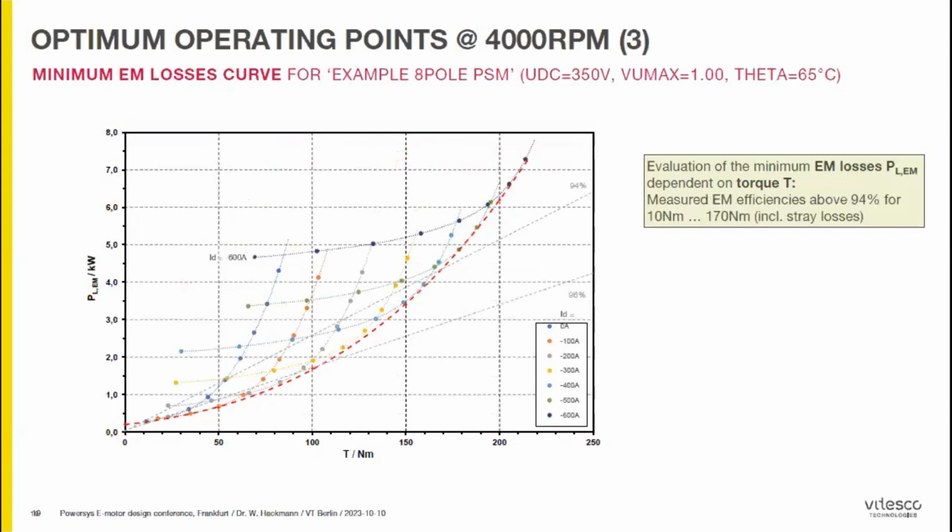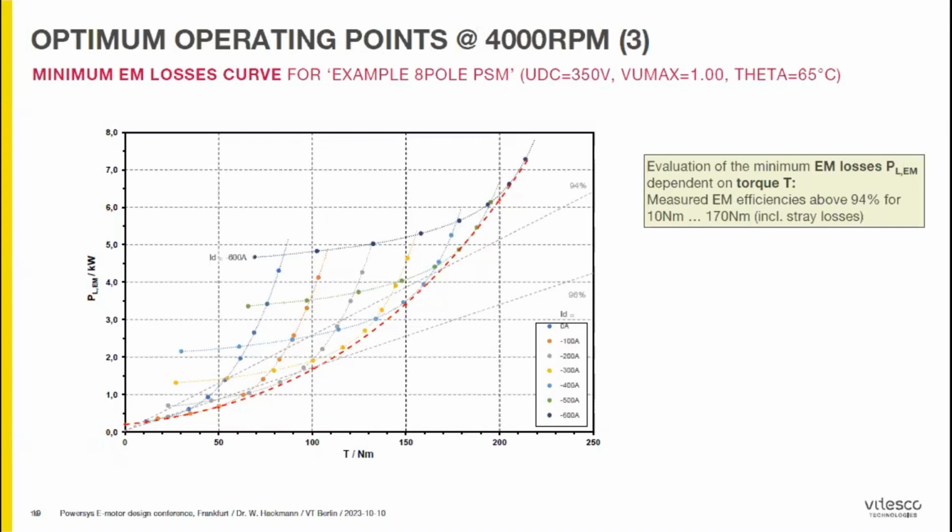You also see a clear minimum, the dashed red line, and these are the optimum operating points. You see how important it is that we get these optimum operating points. If we are slightly beside this optimum, we get at once 100, 200 watts more losses, and this should not be.